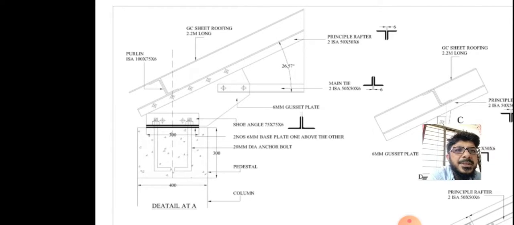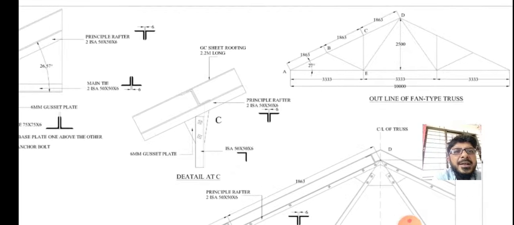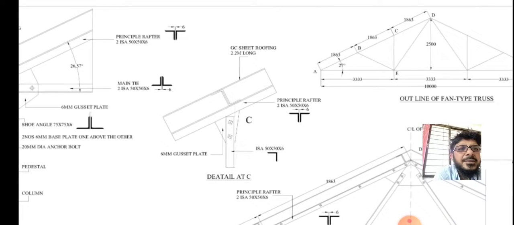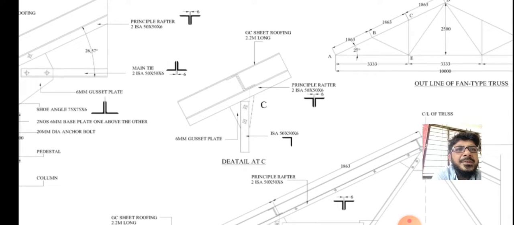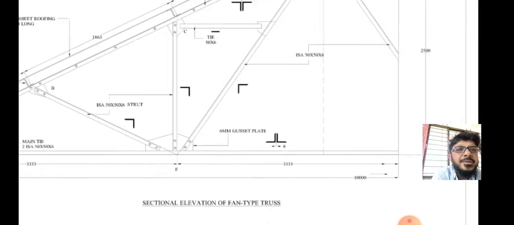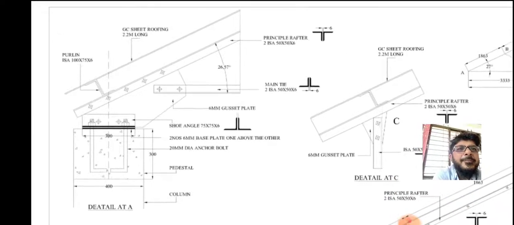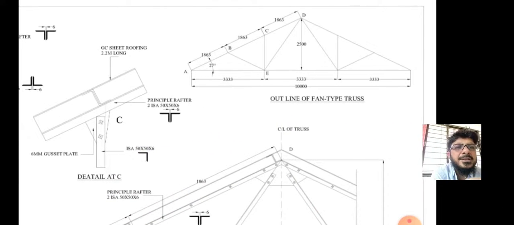All the members are joined to the gusset plates. We can see detailed diagrams, and also the joint at C. We see how the principal rafter and tie are connected by means of a gusset plate here, and we can see the cross sections also. So this is one sample drawing of the steel trusses.